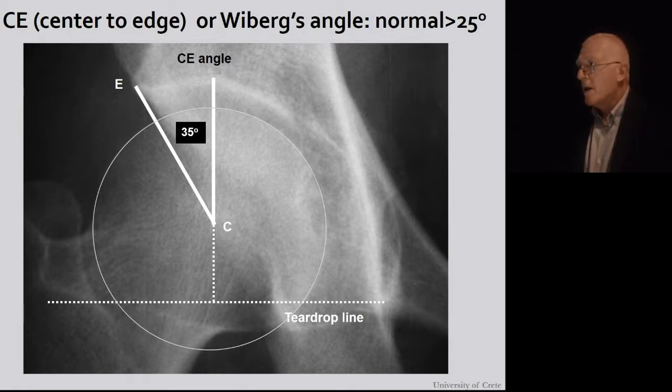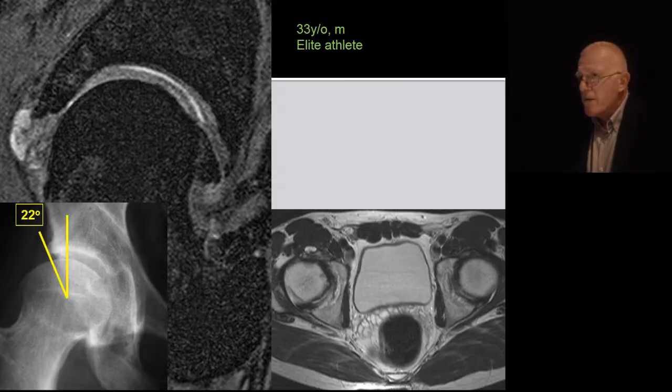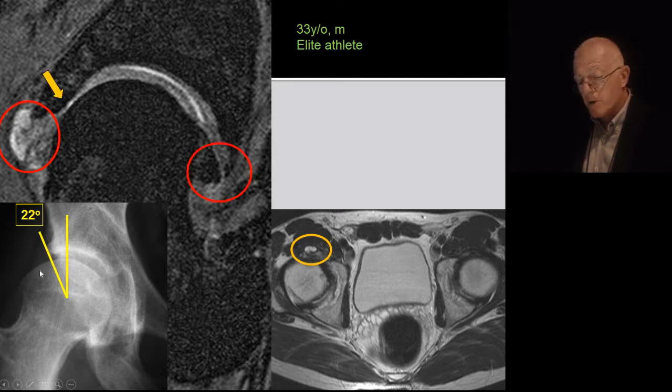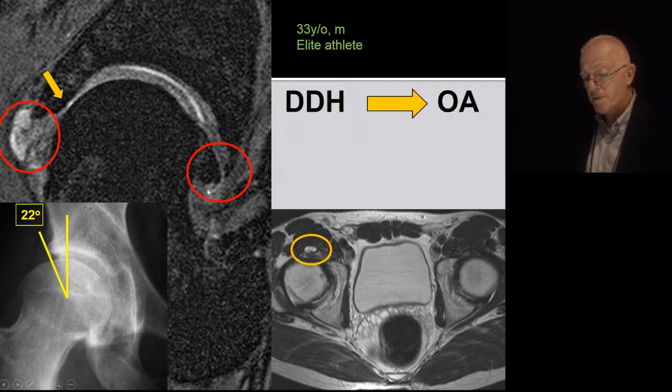For instance, this is an Olympic-level athlete in Greco-Roman wrestling with a painful hip on the right. We see that there is an abnormal CE angle, and MR imaging shows a labral tear with paralabral cyst formation and joint space narrowing anterosuperiorly and posteroinferiorly, together with osteophyte formation in keeping with early osteoarthritis.